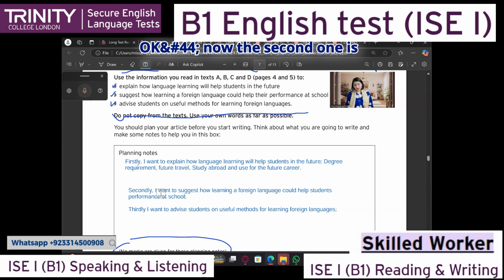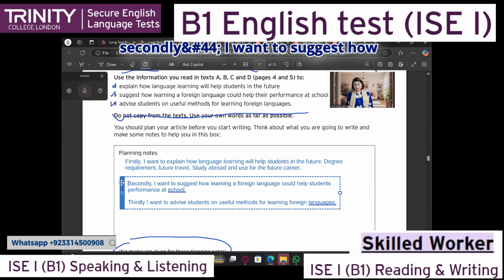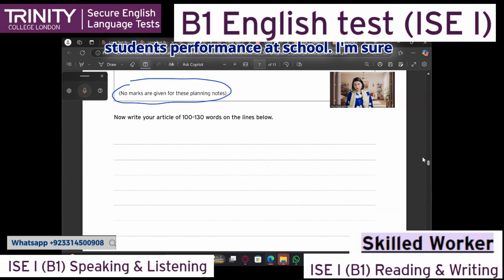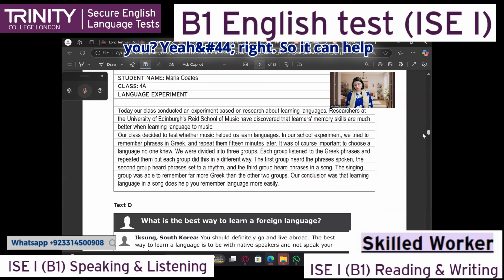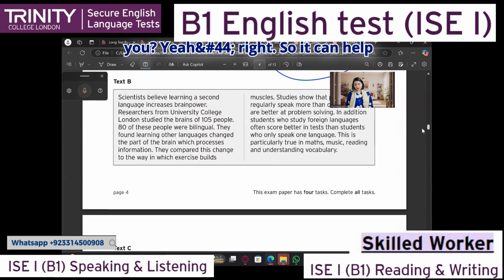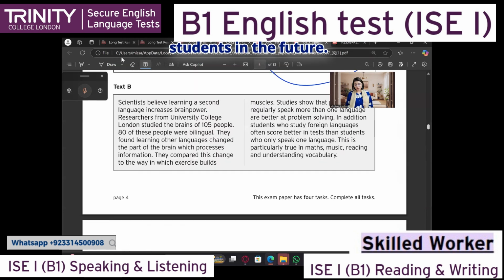Now the second one is, secondly, I want to suggest how learning a foreign language could help students' performance at school. I'm sure you read the text earlier. So it can help students to increase their abilities. How can it help students with their school performance?